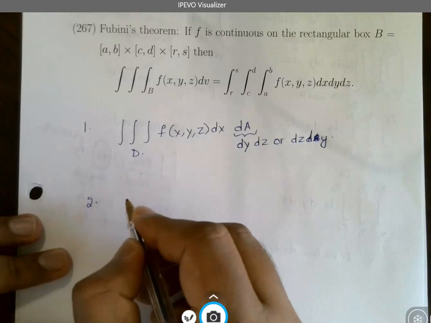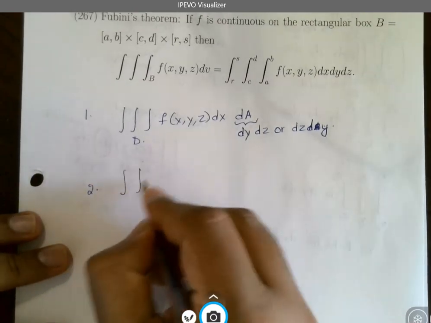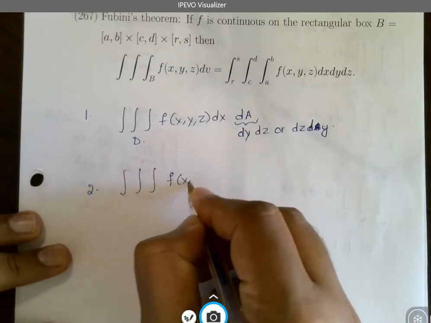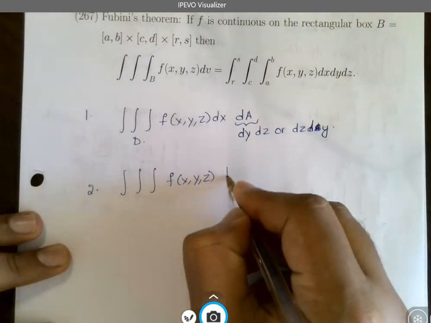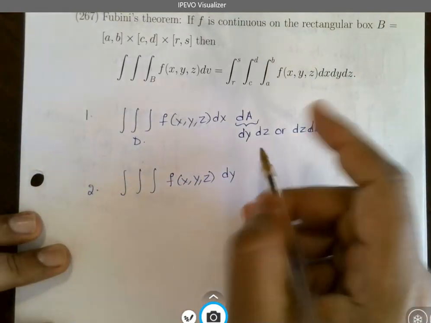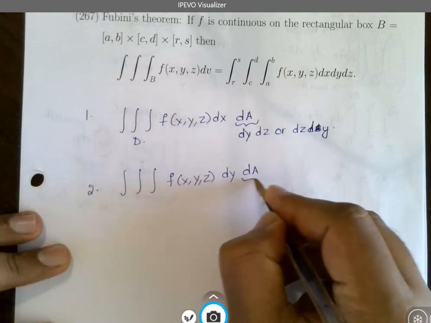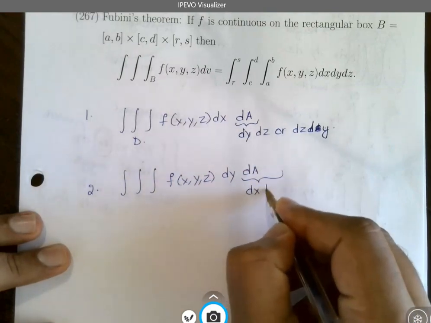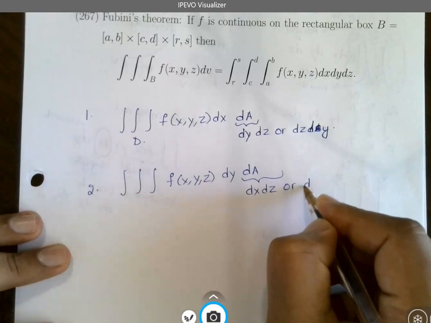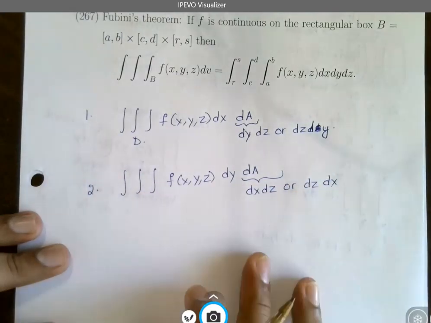Another kind could be a triple integral of f of x, y, z where you integrate with respect to y first and write dA, which could be dx dz, or dV dx. It could be either way.